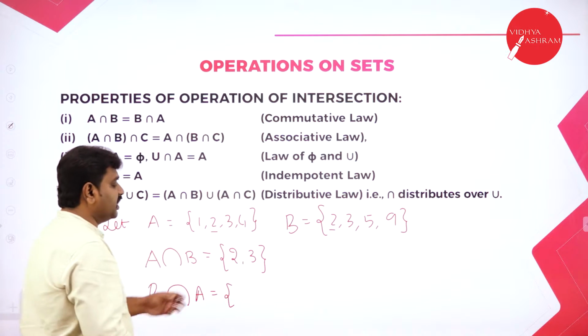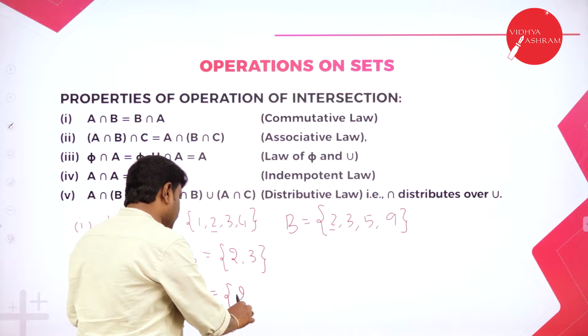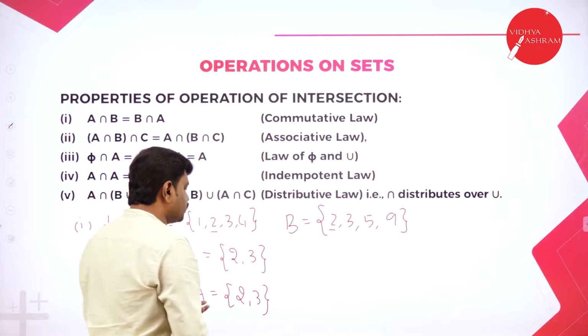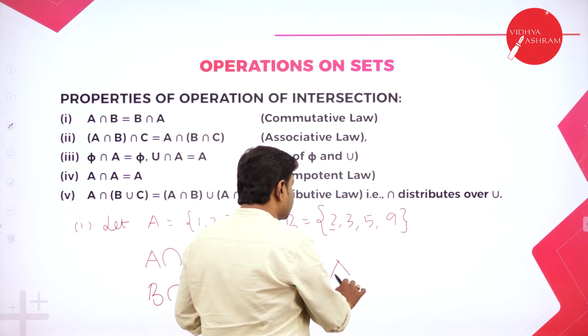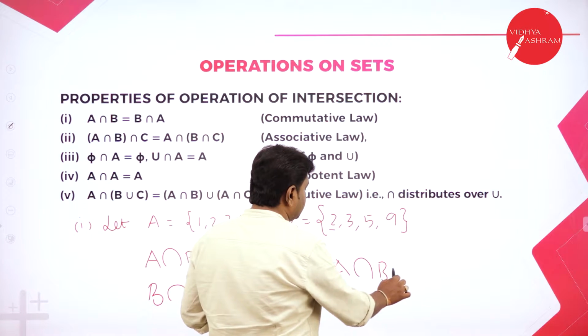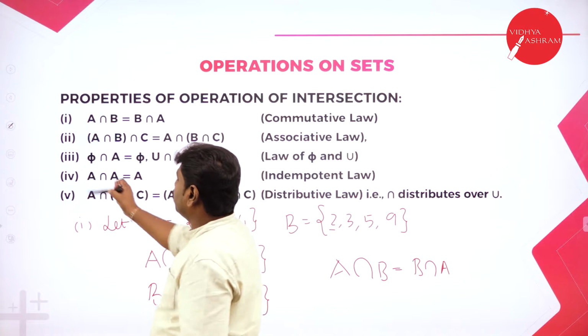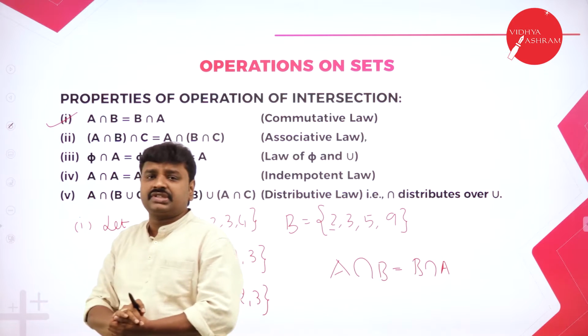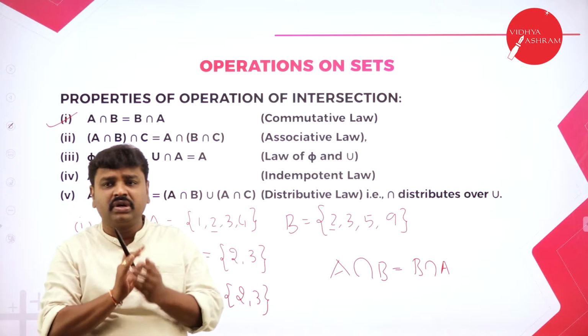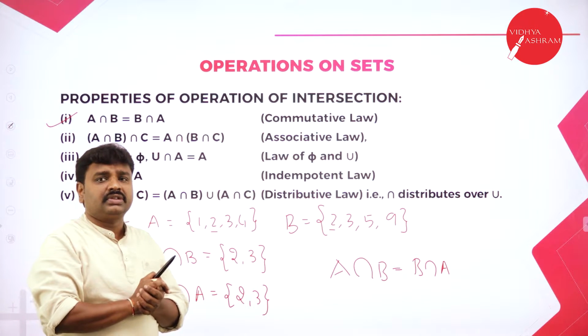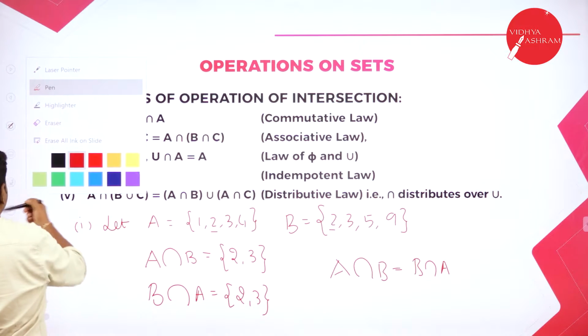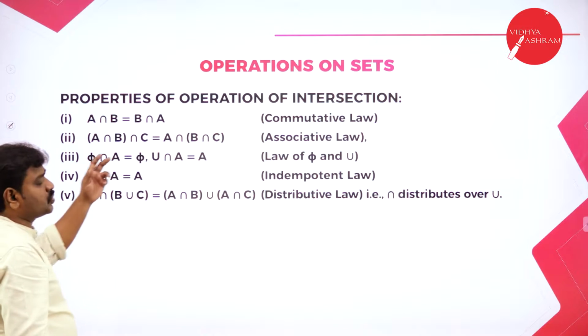Common elements of B and A. What are the common elements of B and A? Again you will get 2, 3. So it is very clear that A intersection B is same as B intersection A. Therefore intersection is commutative. Then we'll go to the next one, that is associative.